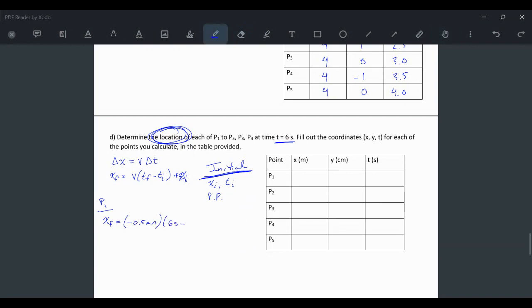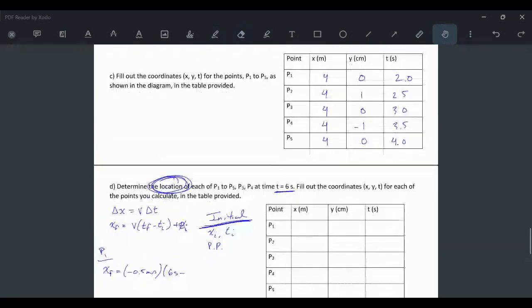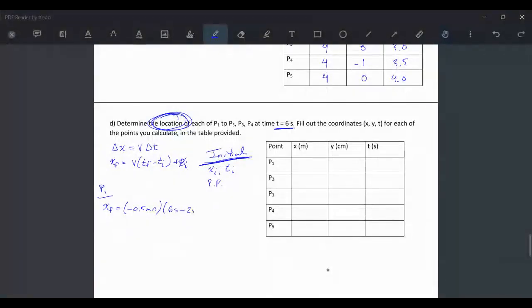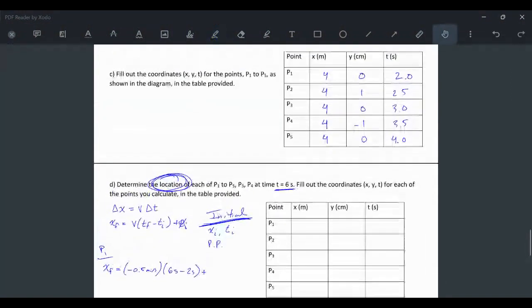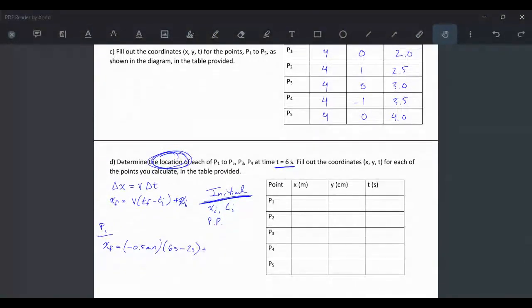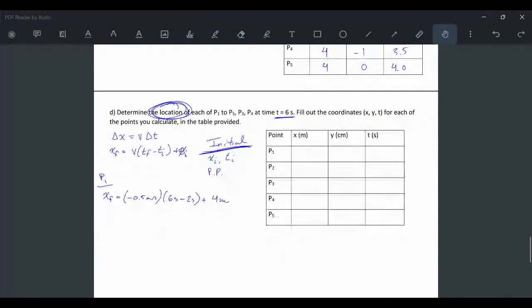TI we take from the table, 2 seconds. And we add to that xi, which is always going to be 4. This difference here is 4 seconds. We want half of that, and we make it negative. So minus 2 meters plus 4 meters.